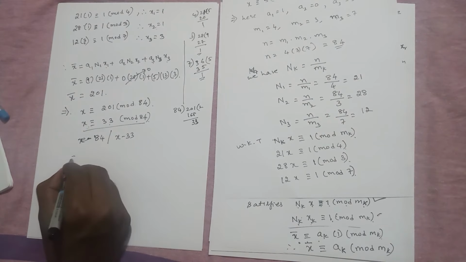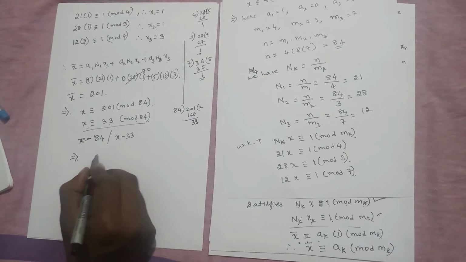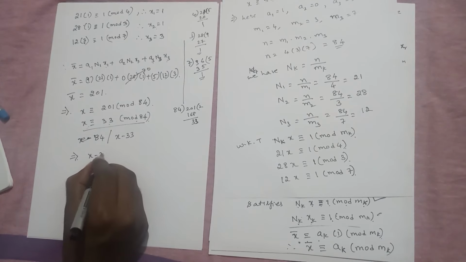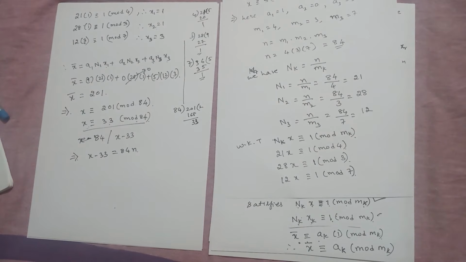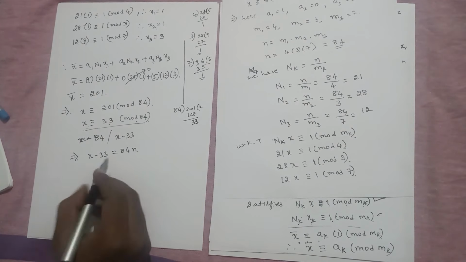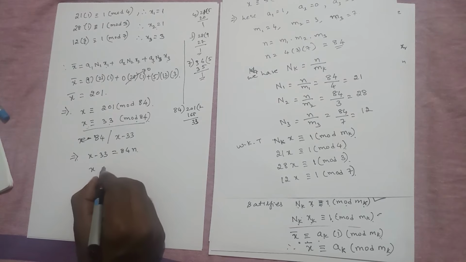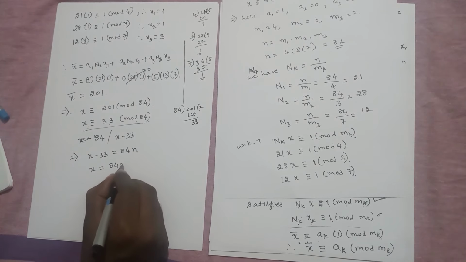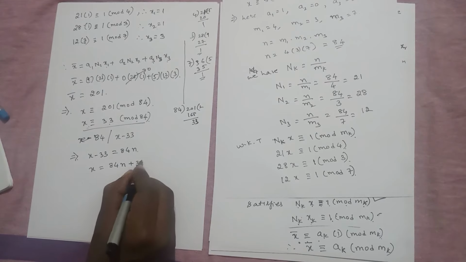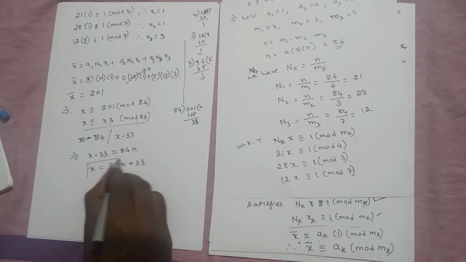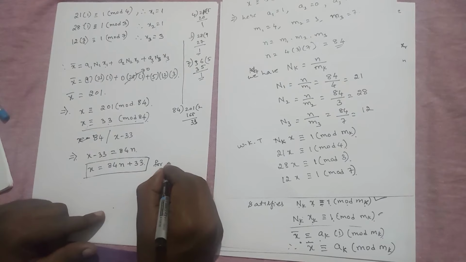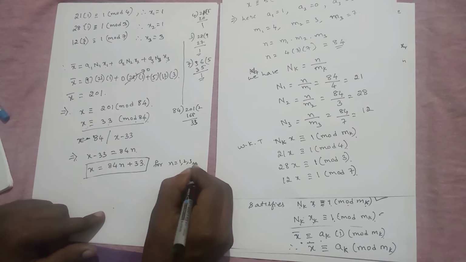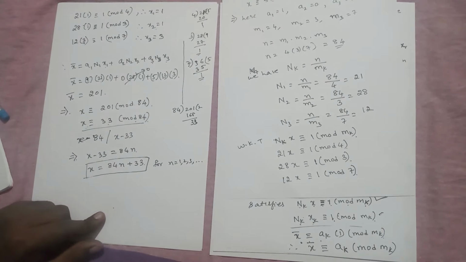So this implies, using the divisibility property, x minus 33 equals 84n, some integer n I will take. So x equals 84n plus 33. So this is the required solution. So how to check this? For n equals 1, 2, 3, 4 and so on.